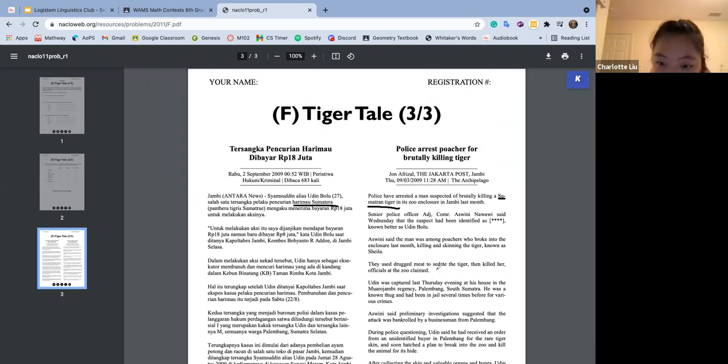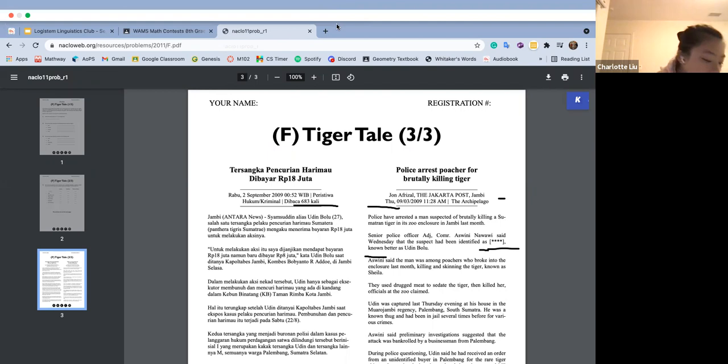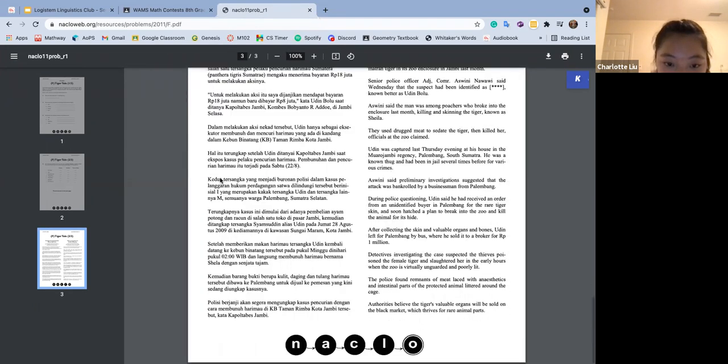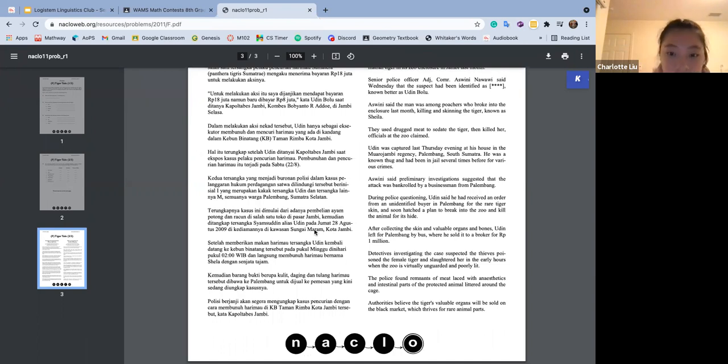So here it says this, so that means that word probably means named. And then the last word, Dumont, we have down here Dumont 28th August 2009. So that means Dumont is probably a day of the week.